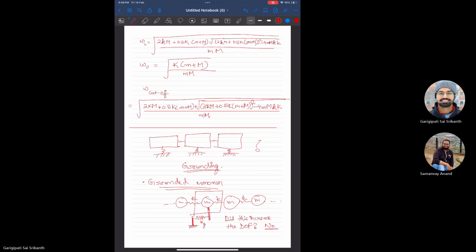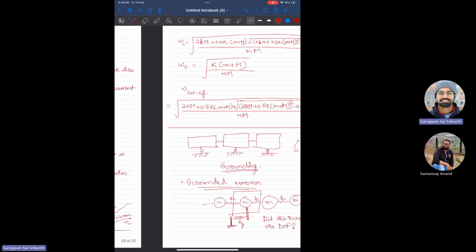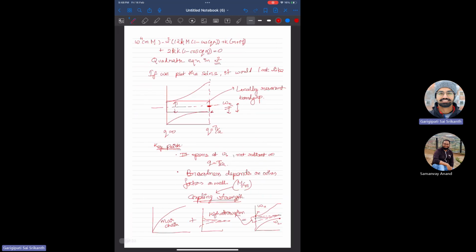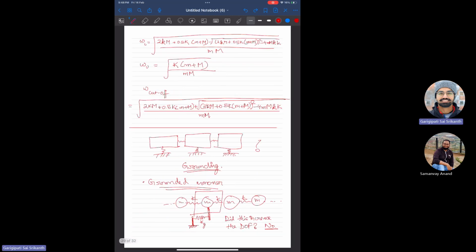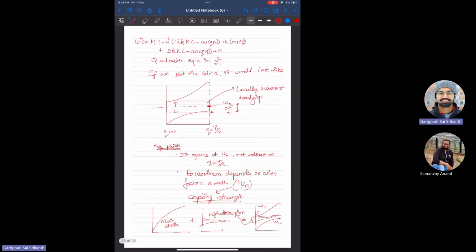So we know that in a monomer, typically, the acoustic branch starts from zero, right?